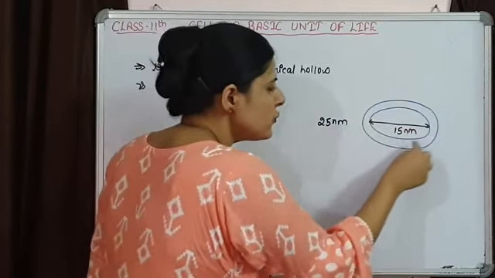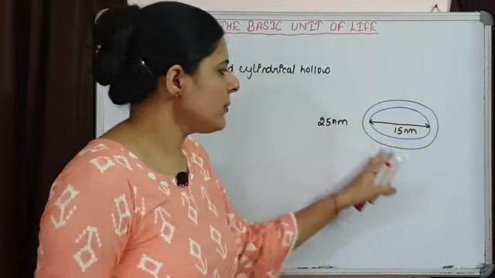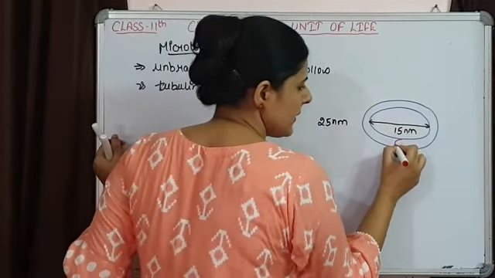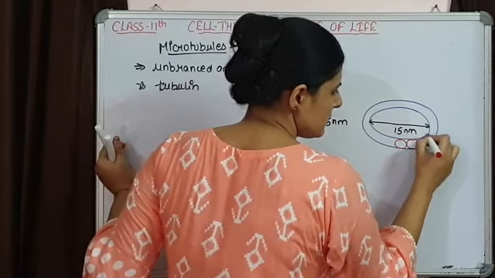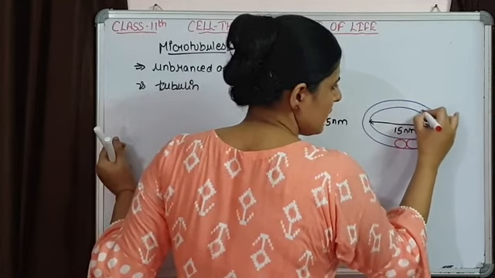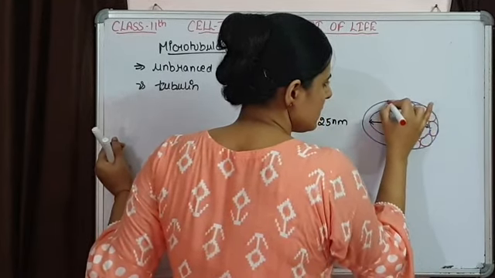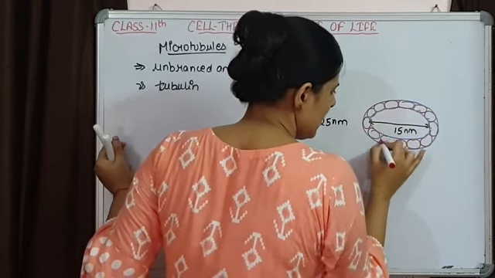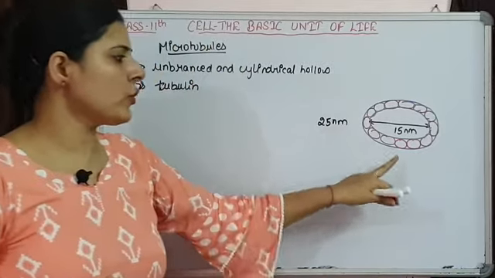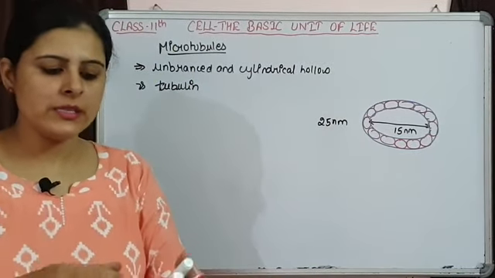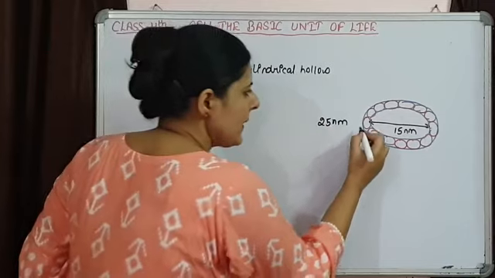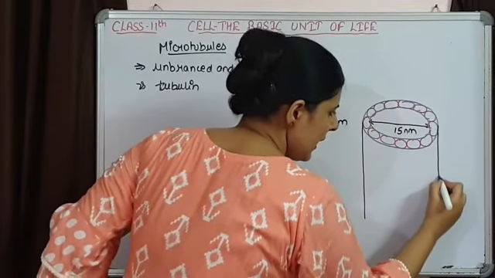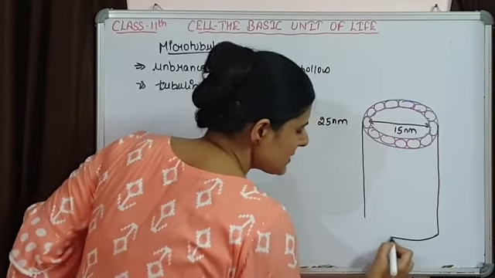And in this wall of the microtubule, 13 protofilaments are present. So these are 13 protofilaments that are present in this microtubule. Now they are made up of protein tubulin and two types of tubulins are present over here.